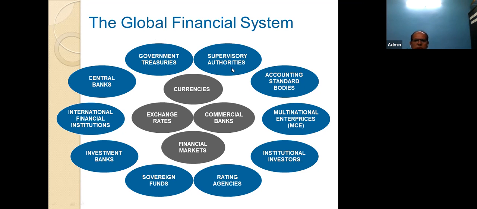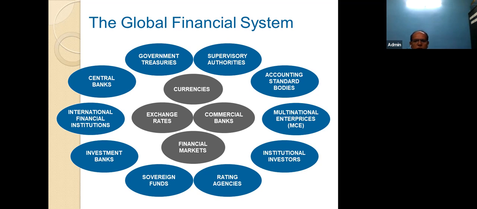Now, let me give an example. Suppose an accounting standard, like the disclosure policy, which is AS6. After the financial statements, every company will have to disclose their policies, for example the depreciation policy and the valuation of closing stock policy.